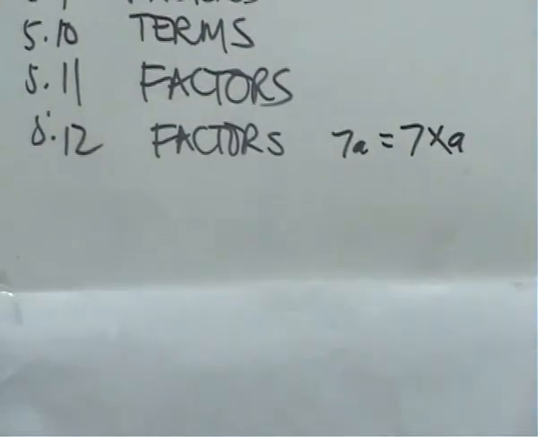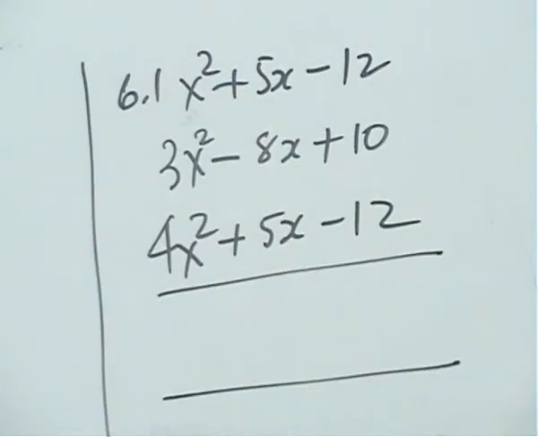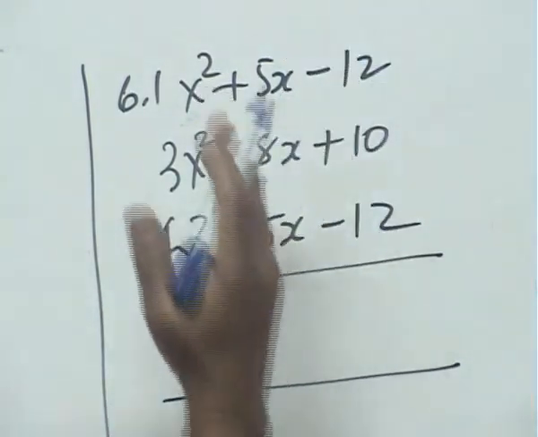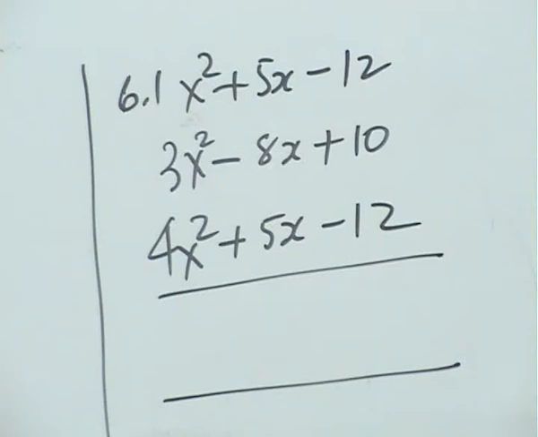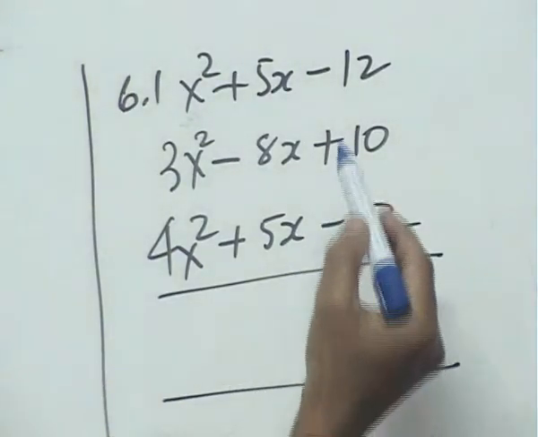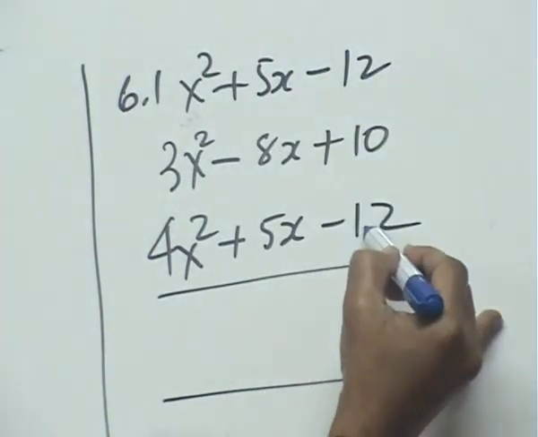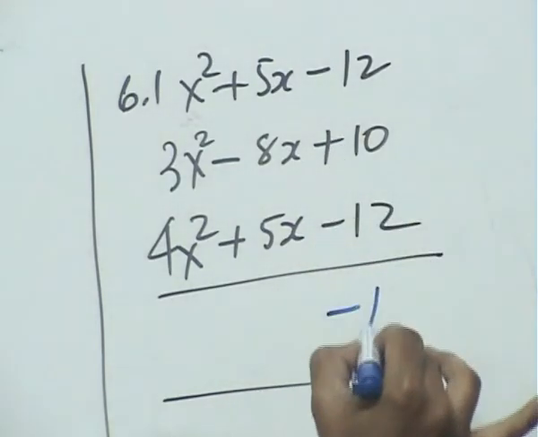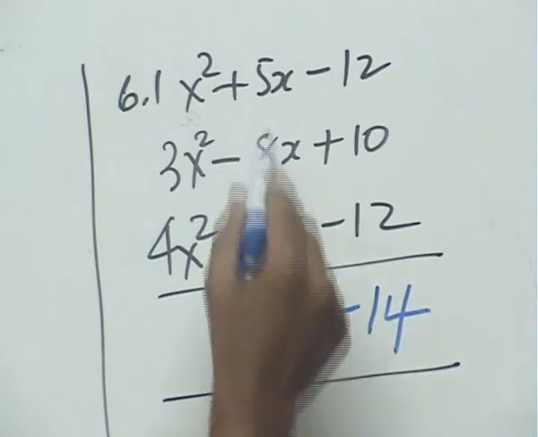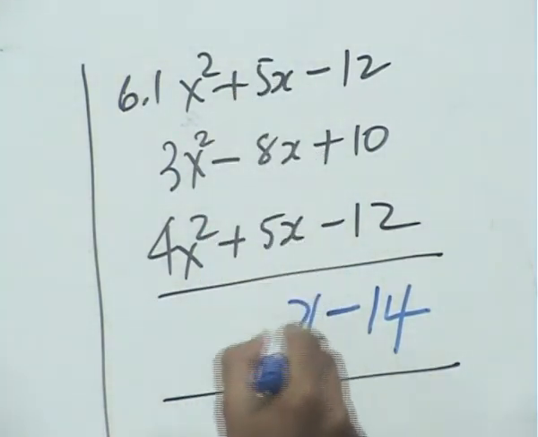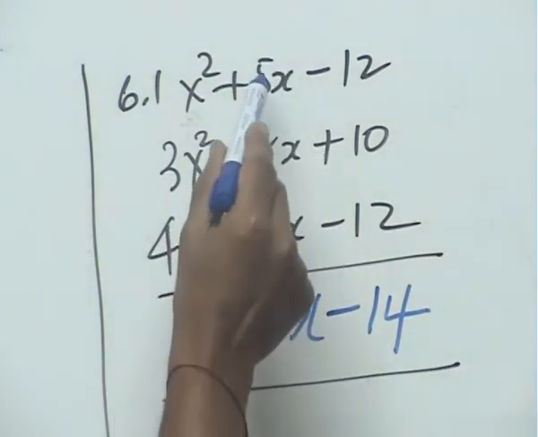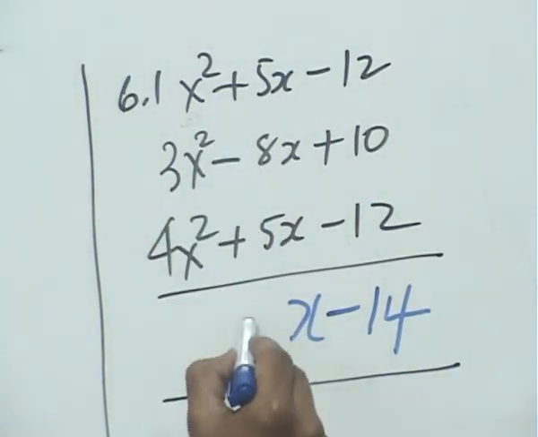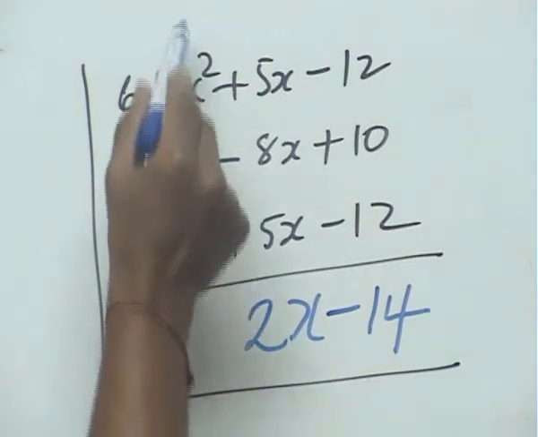Alright, we move on to number 6. 6.1. Well, we're lucky. All the like terms are set one below the other for us, so we can just add. Minus 12 and minus 12 gives you minus 24, plus 10 gives you minus 14. This column is x, so you just write down x. 5 and 5 gives you 10. 10 minus 8 gives you 2.